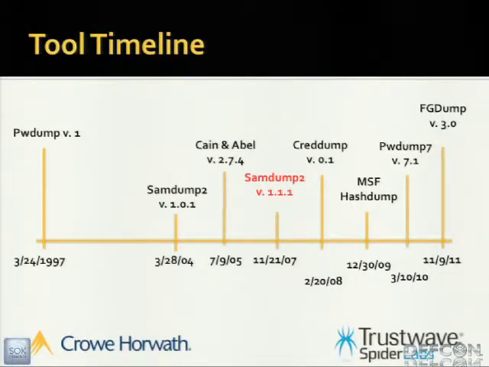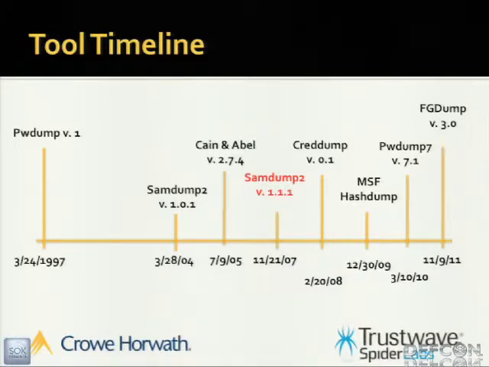The big gotcha was that when he was basing his research, trying to figure out how to do this, he used SamDump as a guide. But he used the wrong version. He didn't use the fixed version. He used the version that had the old logic, and that was carried forward into his tool. So although the tool was fixed in 2007, this code was re-implemented in another tool in 2008.